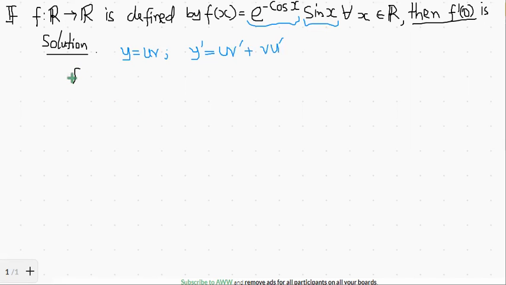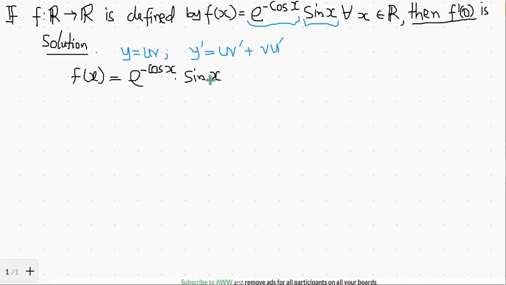So given the function f of x, let me recall the function again. f of x equal to exponential minus cos x times sine x.